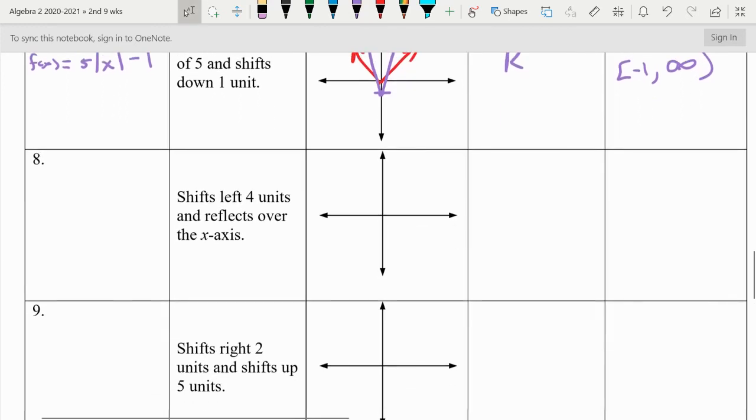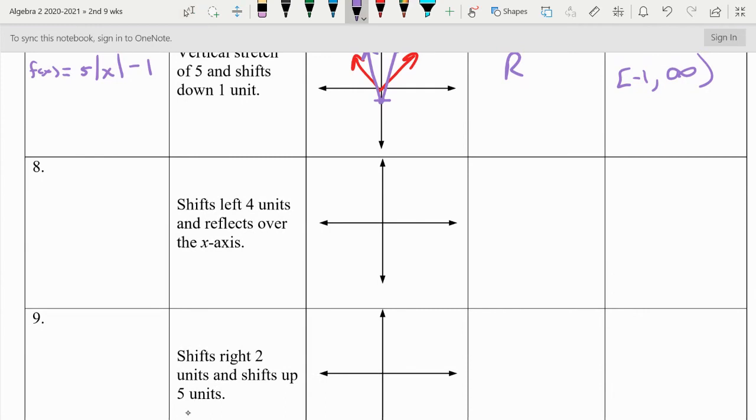All right, this one: shift left 4 units, and reflects over the x-axis. We have a reflection, so start off with a negative, no stretch or compression. And since it's moving left, that's the h, which is inside the value. So if it goes left, that is a -4, but remember, it's going to change values, so we're going to put +4.